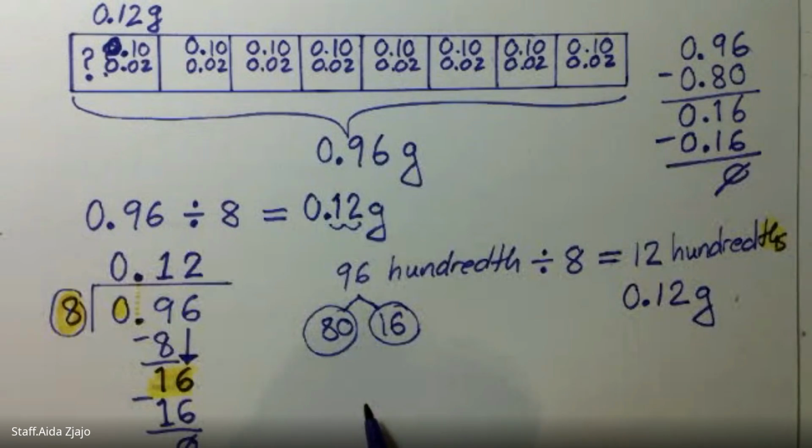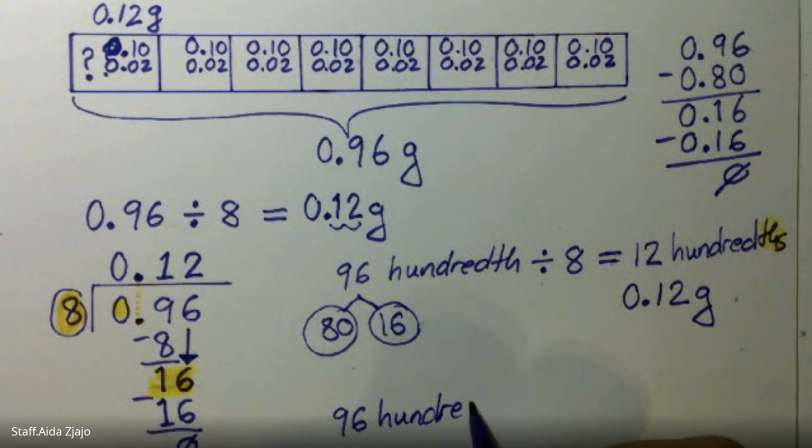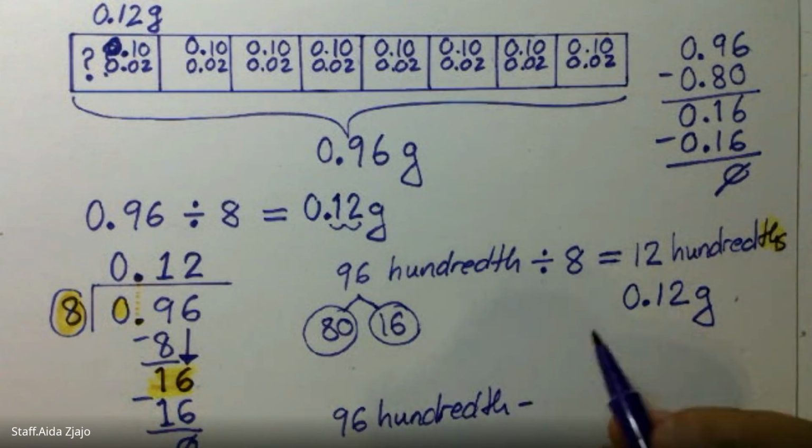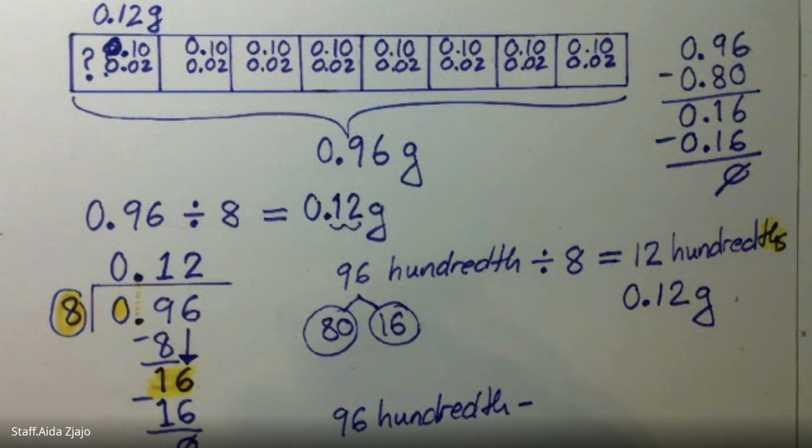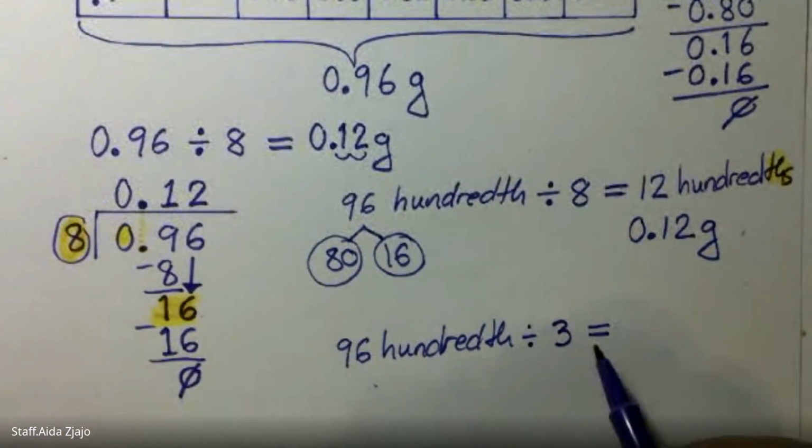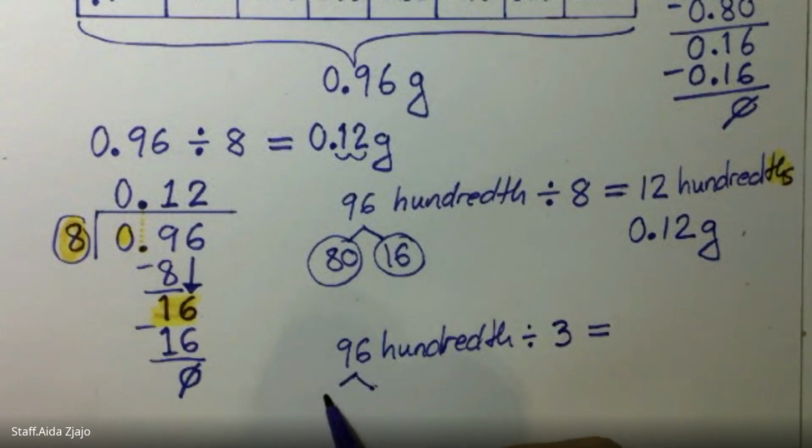If you think about 96 hundredths and I divide this into 4 or 6 or 3, that will also work. So let's pretend I'm going to do 3 groups, just 3 servings. You can think of this as being 90 and 6.